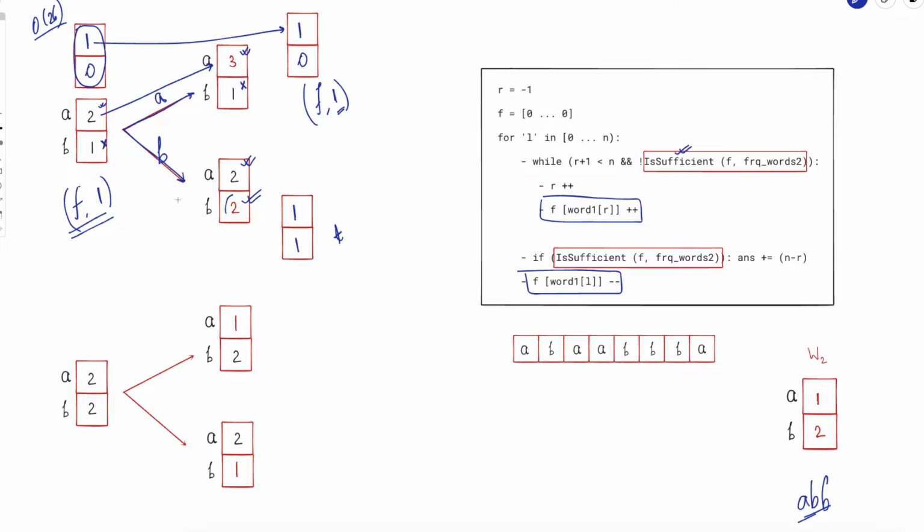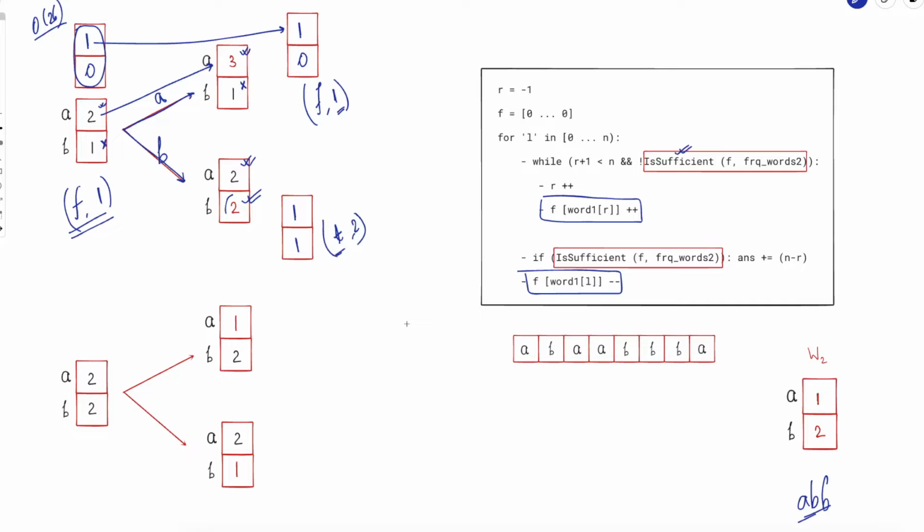In other words, previously at b it was 0, now at b it is 1, so the sum would change to 2, and because 2 is equal to c, we will return true, or our is sufficient will return true.